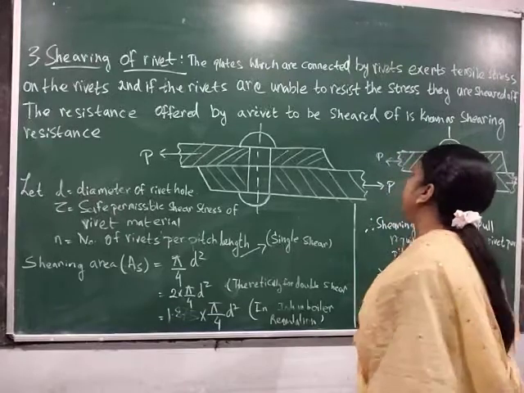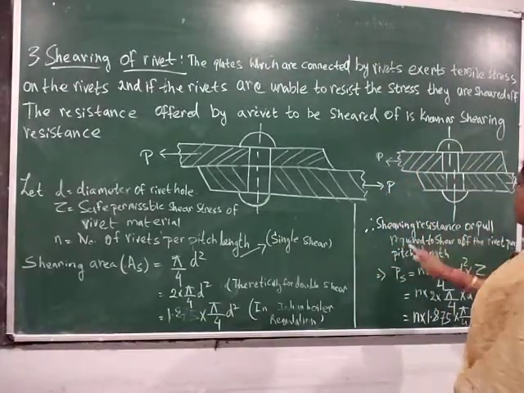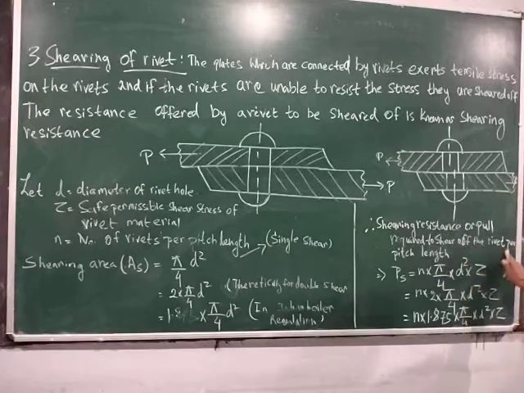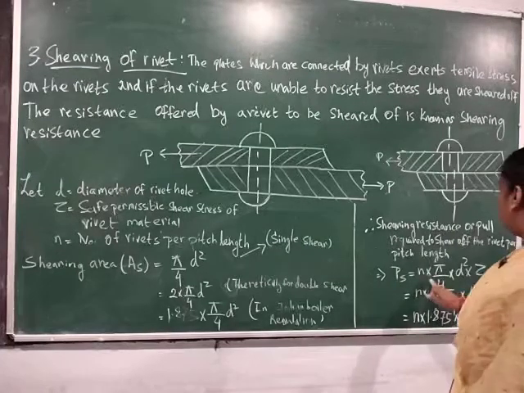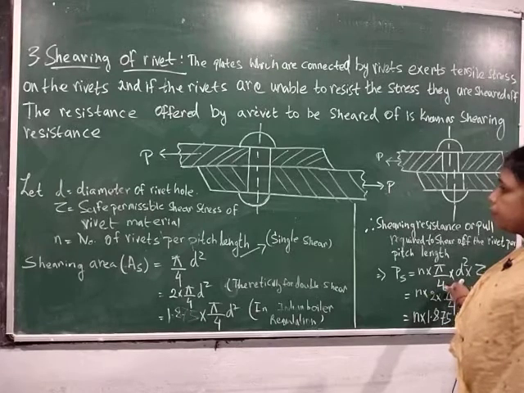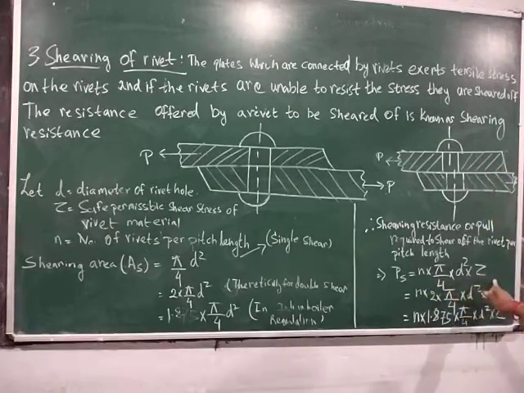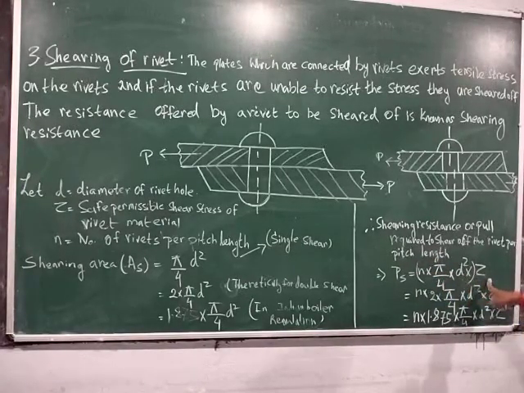Next is shearing resistance, or pull required to shear off the rivet per pitch length. This is denoted by PS, that is equal to area into safe permissible shear stress. So area AS, N into pi by 4 d square tau for single shear.